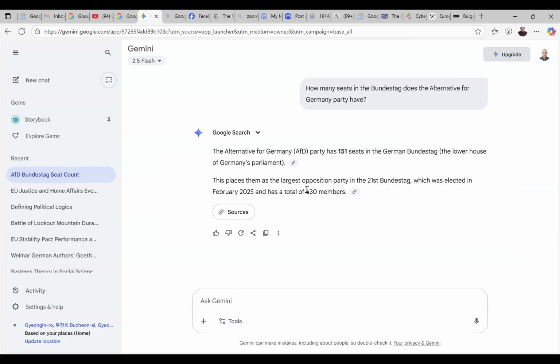So it's the largest opposition party in the 21st Bundestag, which was elected a few months ago, this year, out of 630. So it's not in the government, but it's the largest opposition party. So who is in the government then? What parties form the ruling coalition in the Bundestag today?